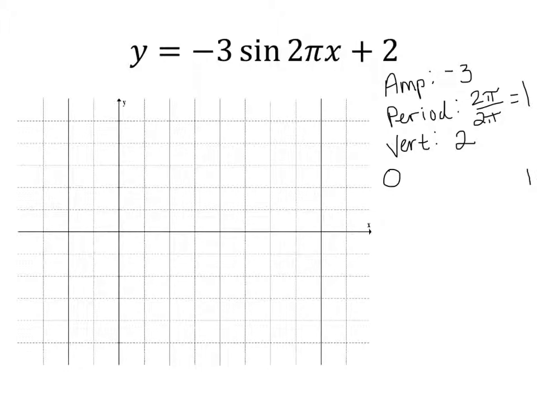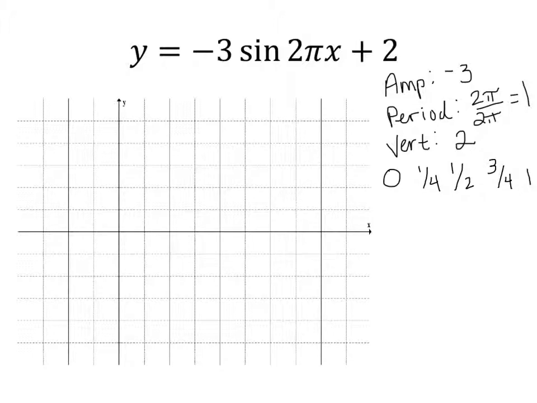These are your x coordinates. Halfway through is a half. Halfway through that is a fourth. And if you're not really sure what goes in between a half and a fourth, think about adding 1/2 plus 1/4 and you get 3/4. These are the numbers that go on the x-axis.